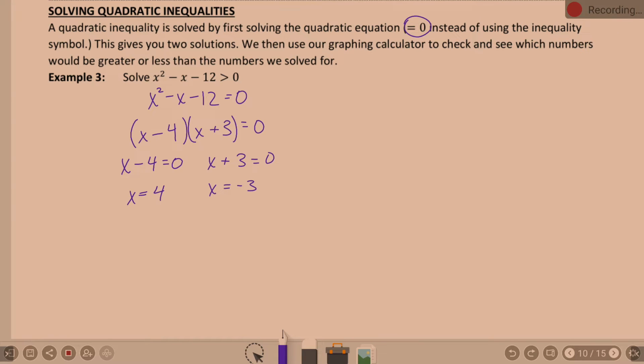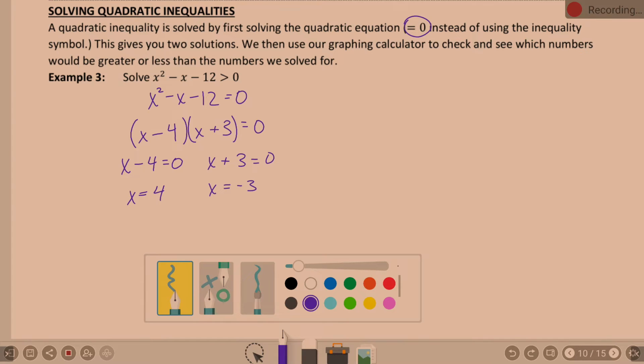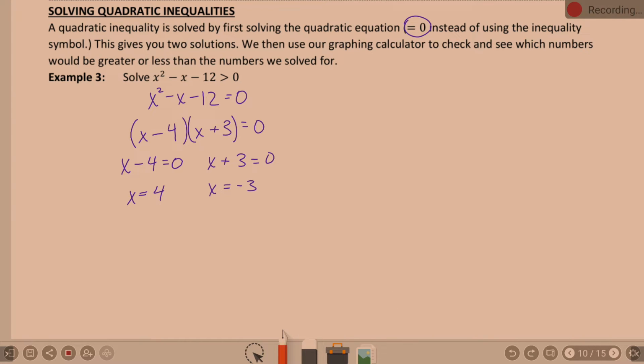There's a couple different ways we can look at this. We're going to use the graphing calculator, and think about it in those terms. What does greater than 0 mean on a graph? When we're looking at the whole equation here, I want to know when this whole expression is greater than 0.